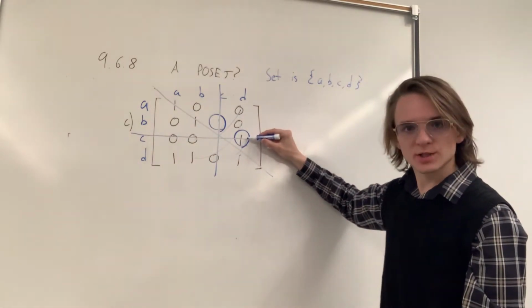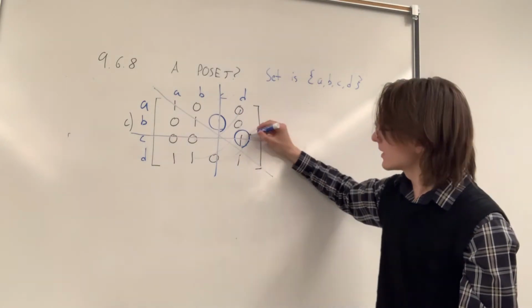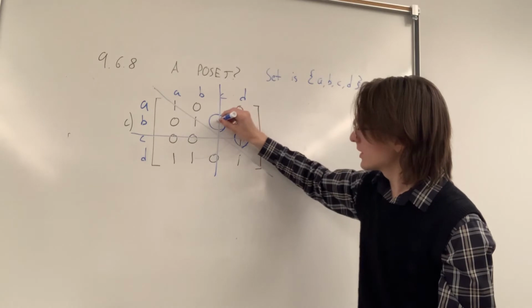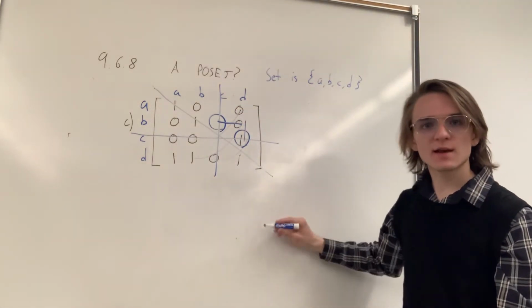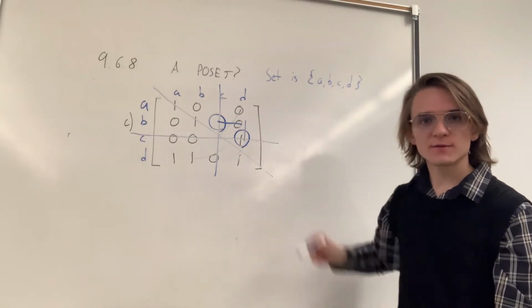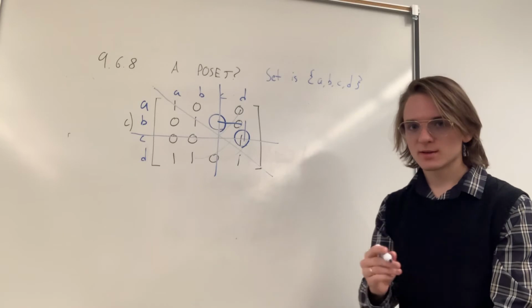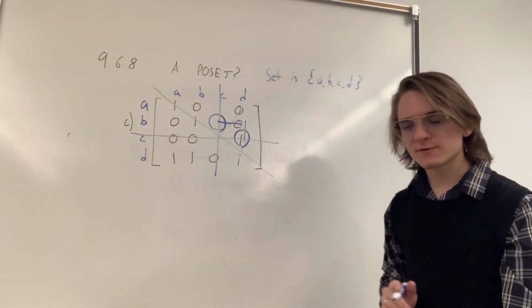Every intersection with these two ones should be a 1 as well. However, if we go up and across, we see that these two ones intersect at a 0. This should be a 1 if this relationship was transitive, but it's not. This is a 0, so transitivity does not in fact hold.